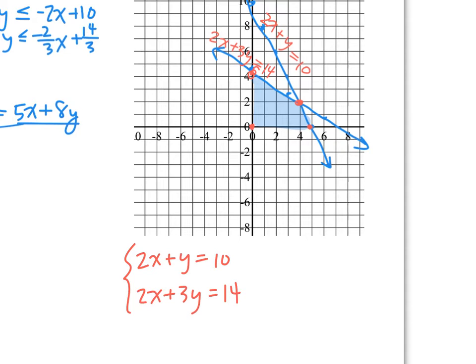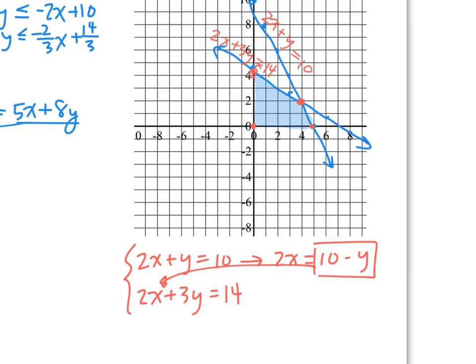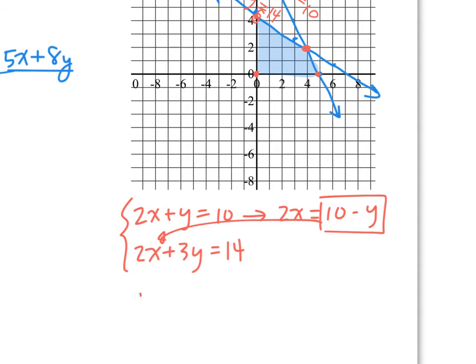You can solve it any way you want. The way I see this problem is that I see 2x repeating, so what I can do is just say 2x is equal to 10 minus y. And I'm going to plug this into this 2x. So 10 minus y plus 3y equals 14.